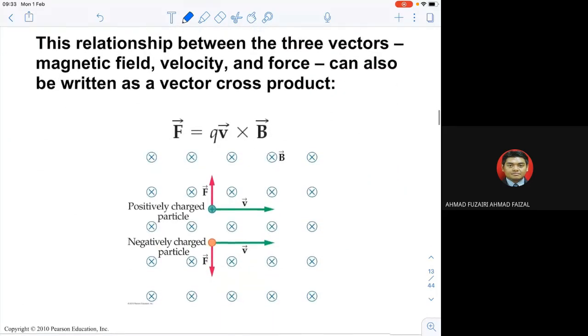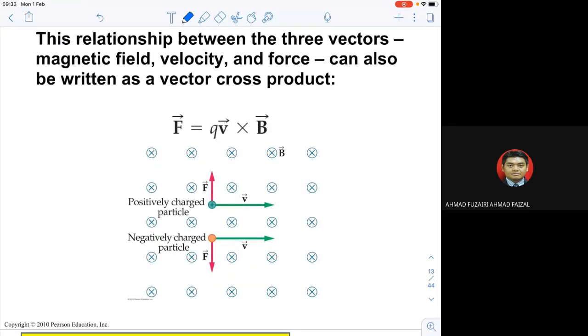So let's look at this part. This relationship between the three vectors, magnetic field, velocity, and force, can also be written as a vector cross product.